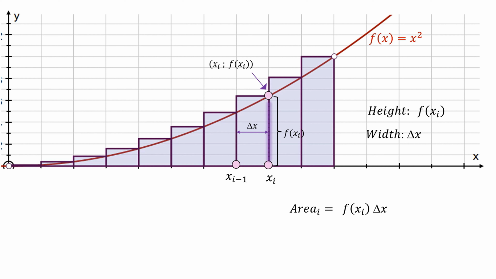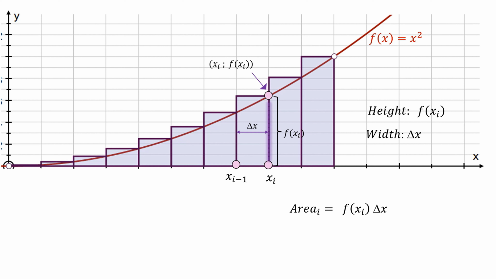Now, as the number of rectangles increase, the difference between x values, in other words, the delta x, which is the width of the rectangle, gets smaller and smaller. So as the number of rectangles increase to infinity, that delta x becomes incredibly small, right?